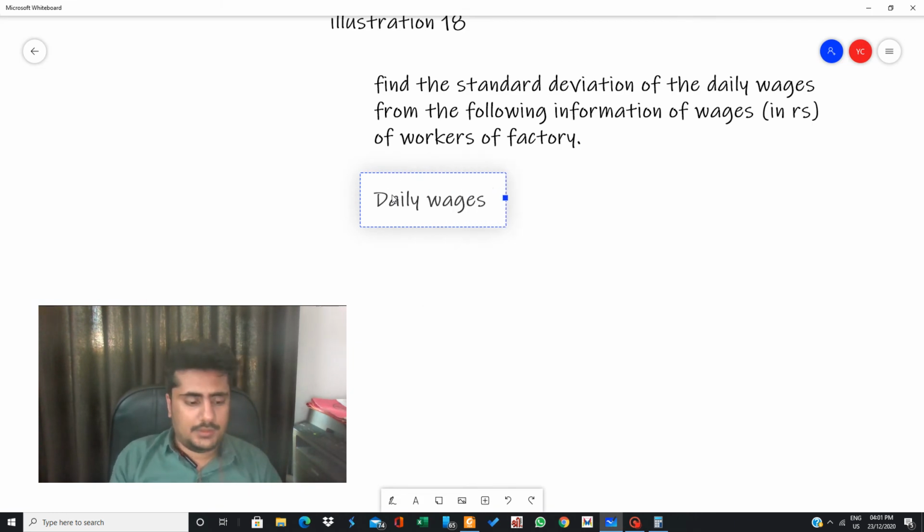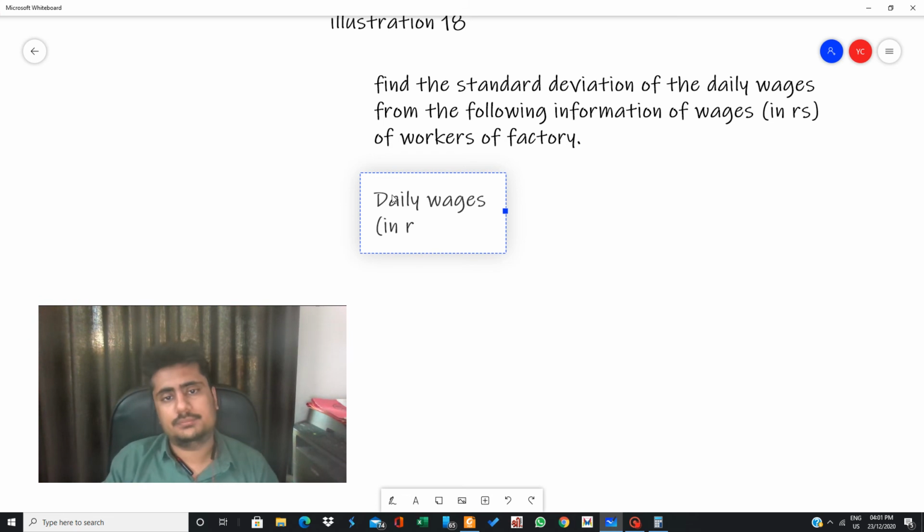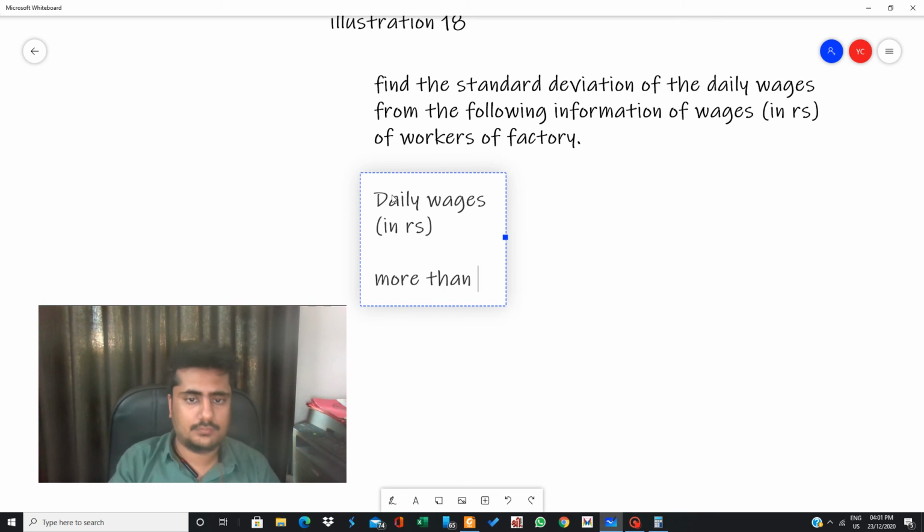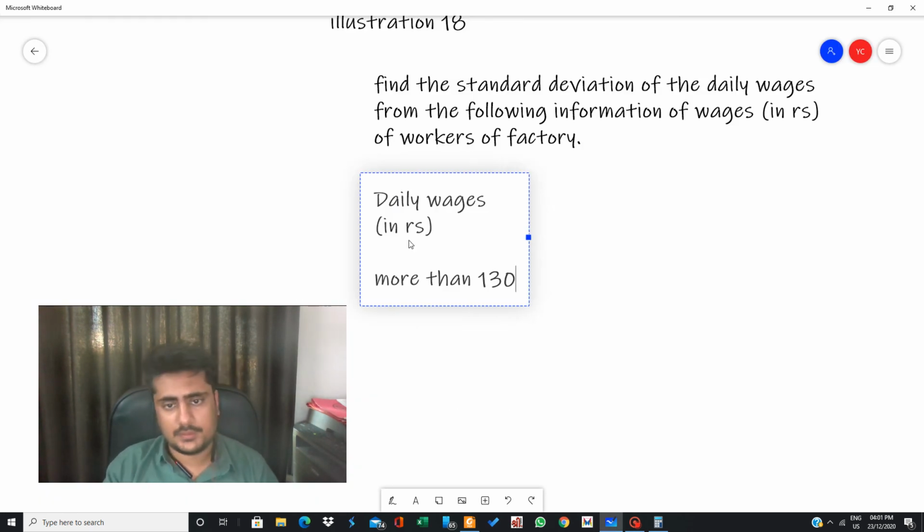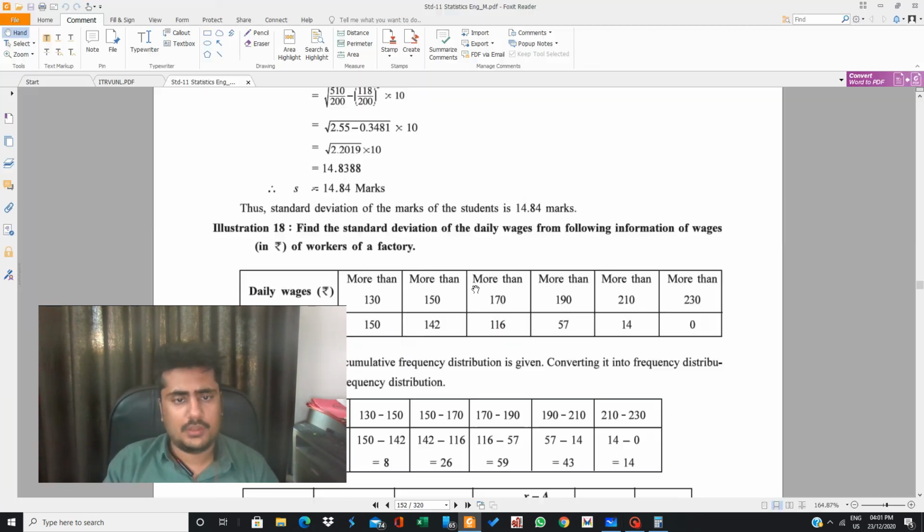Daily wages can be these. It's more than 130. So everything is in more than.